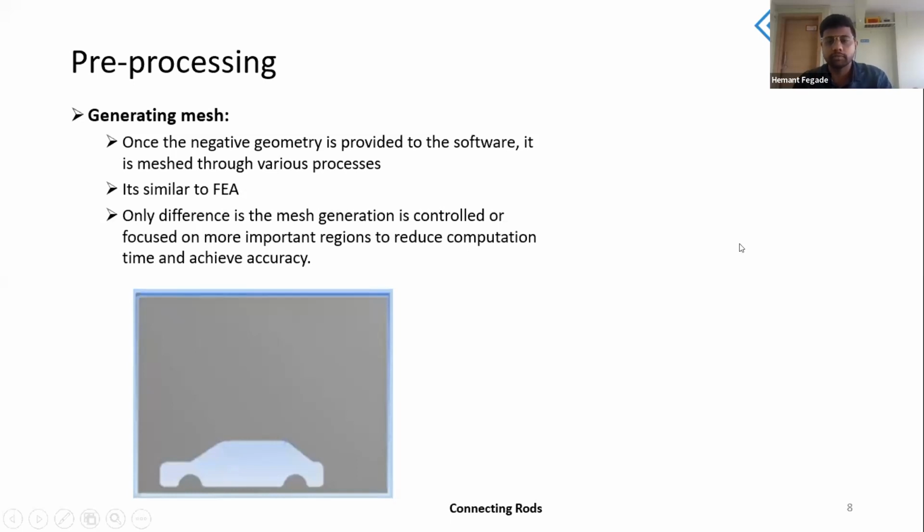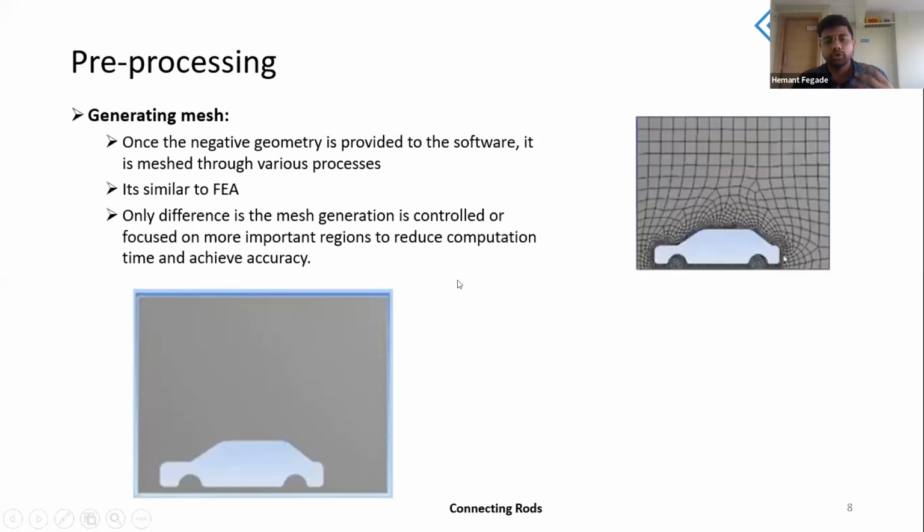And when it's going to be meshed, or when it's going to be divided into small elements, not particles, it's going to be looking like this. So why is there a need of dividing a particular model into small elements, right? Because when you are going to go for analysis, that means you are going to solve these variables using computers, right?